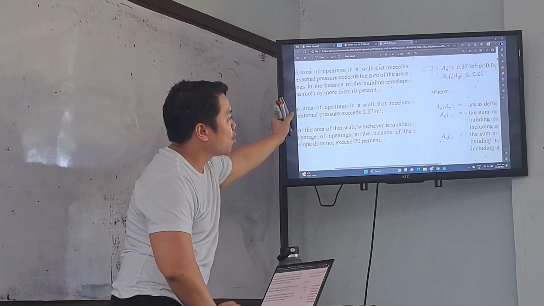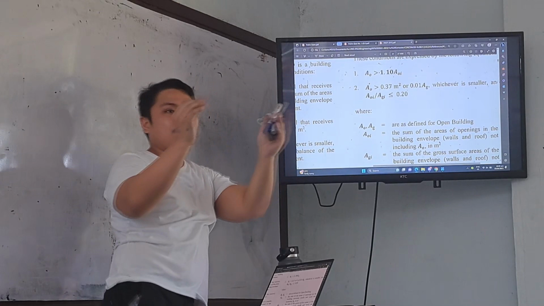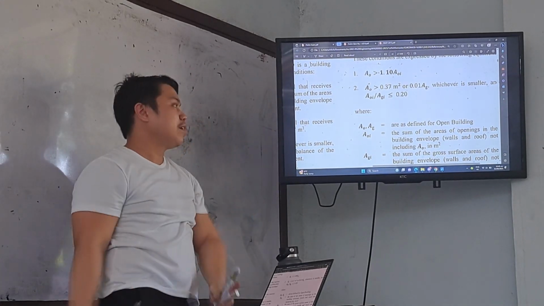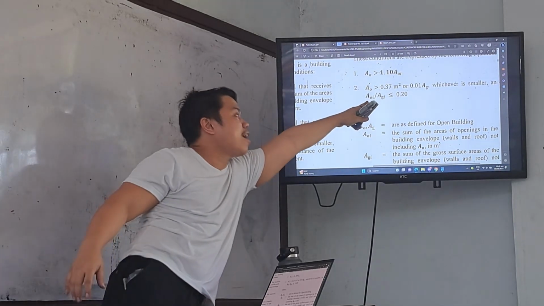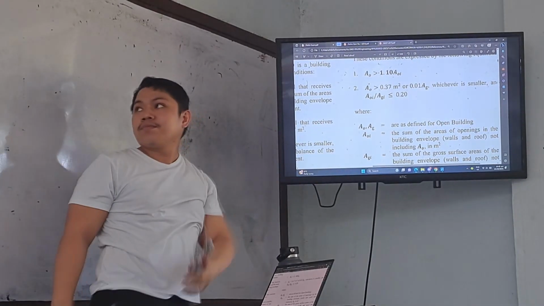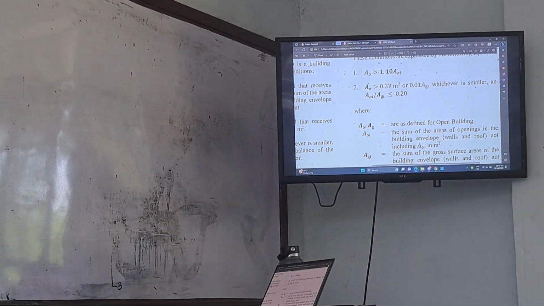This is the ratio of the openings in the remaining walls, excluding the windward side, to their gross area.